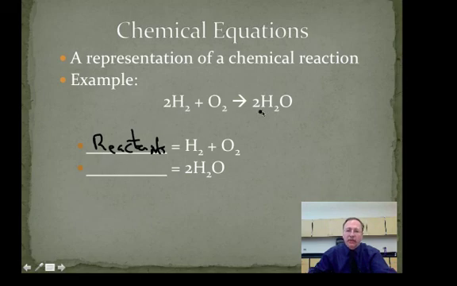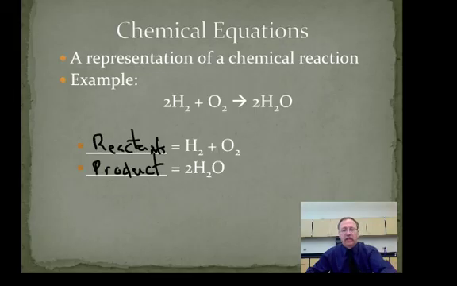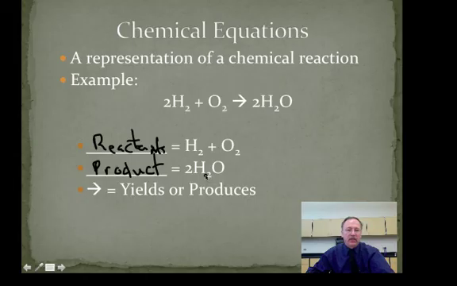The other side is called the product. Think back to a factory: a lot of people are taking different pieces, the reactants, and putting them together to create a product for the company to sell. It's exactly the same concept that we have here in chemistry.